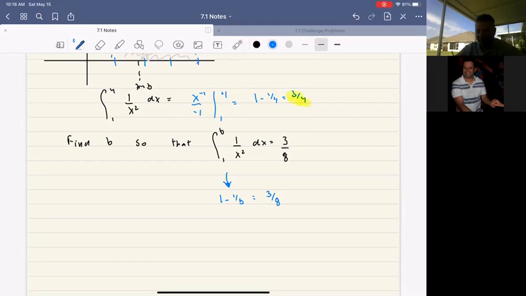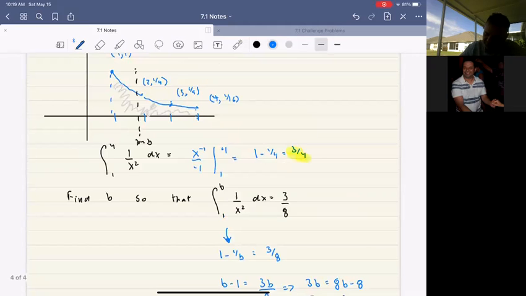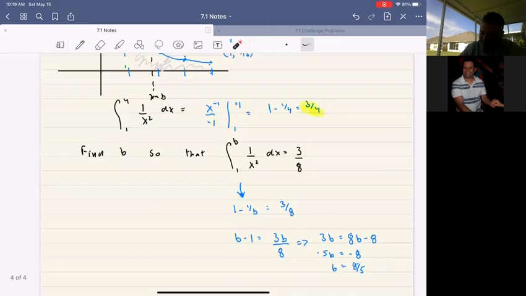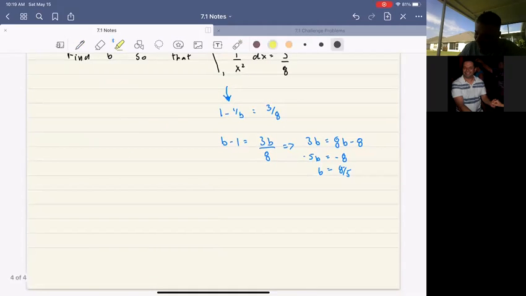Let's multiply everything by b. 3b equals 8b minus 8. -5b equals -8. b equals 8 over 5, which tells me that, oh my gosh, this was such a good pick, right? Not quite reaching 2, bigger than 1, even closer to 2 than 1. Oh man. So impressed with myself. Okay.